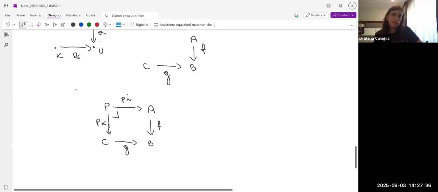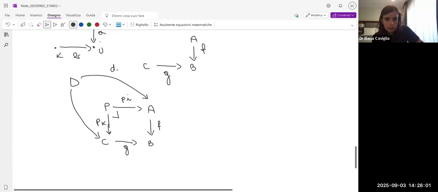And now the universal property, so we need to say that this is the best possible cone. So we take another object D with a cone. Again, we should have a morphism from D to B, but we can forget about it because it's going to be the same as these two other composites.